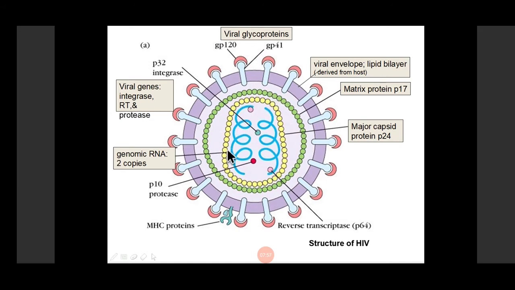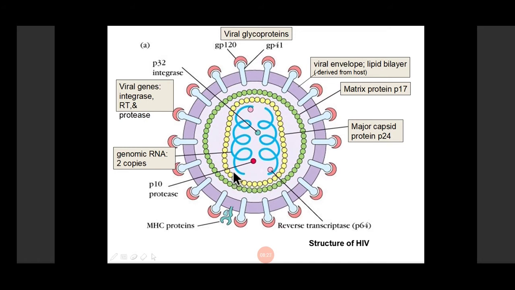So first is the genomic RNA, this blue coil structure. Then over it we have viral genes. There are three important viral genes: integrase, P32, protease, P10, and reverse transcriptase, P64. These are the viral genes. Surrounding these viral genes is a major capsid, this yellow thing, also called P24 antigen.